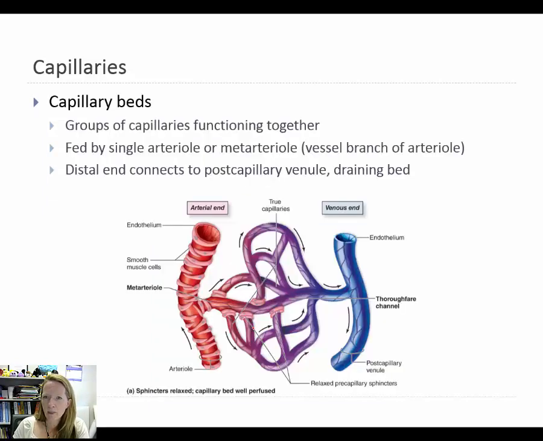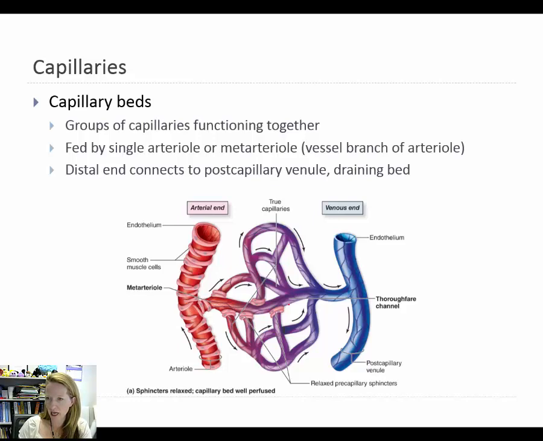So let's take a look at capillary beds. Usually you have groups of capillaries functioning together. If you take a look at the structure, here's an arteriole right here, and it feeds into the capillary bed this way, into something called a meta-arteriole.